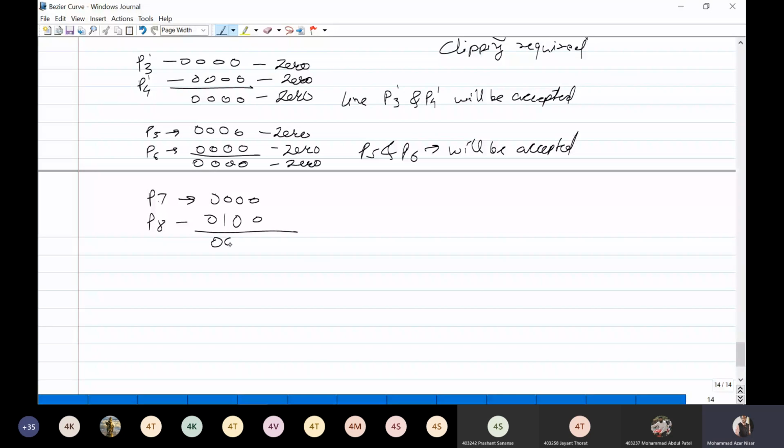So the answer will come 0, 0, 0. So partially it is inside, but one is non-zero. So again you require clipping. I will not repeat again.